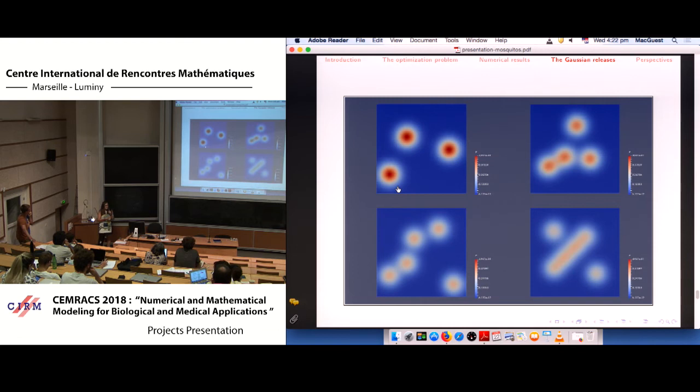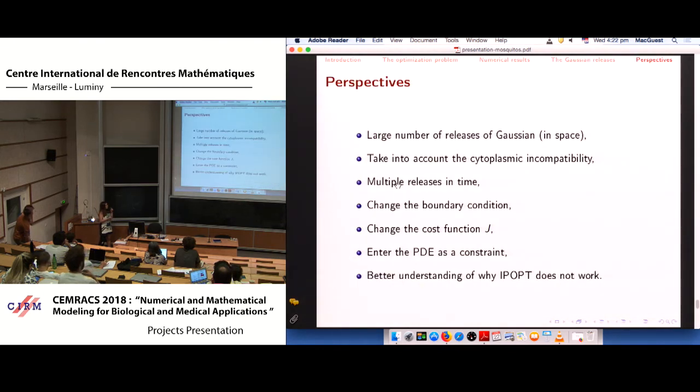One of the most promising perspectives of our work is to have a large number of releases of this Gaussian in space, to see what happens if we have a large number of boxes, and what would be the shape of release that we have to do to be the most efficient.